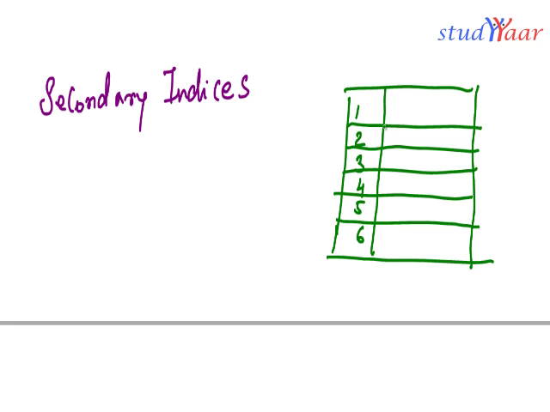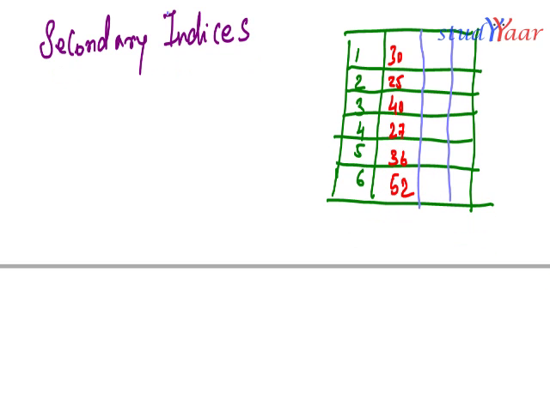And I have their ages, say 30, 25, 40, 27, 36, 52. And we have other attributes, but currently I don't much care about those.